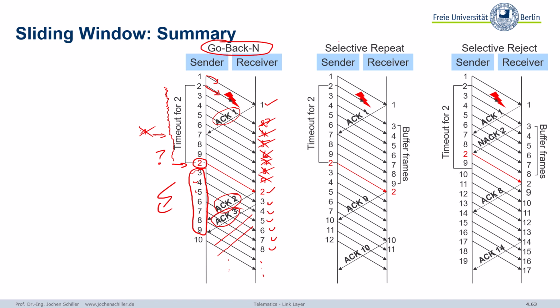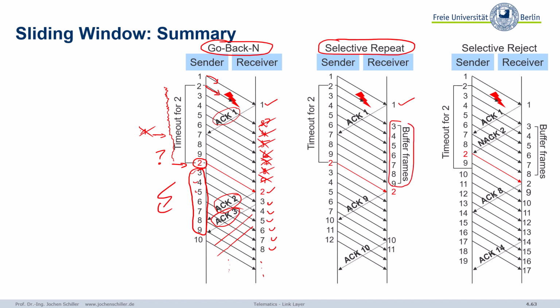If you can do a bit more, we have this selective repeat. What does it mean? Same scenario: we deliver the first one, that's perfect, we acknowledge it, we lose number 2, but now we do not drop, but buffer those frames 3 to 9.